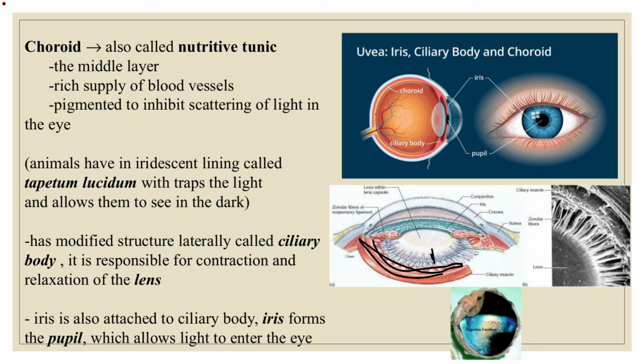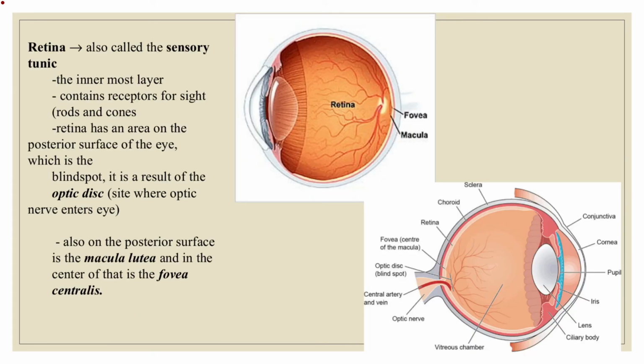And it has these tiny fibers called suspensory ligaments that extend to the lens. Okay, and then anterior to the lens is the iris, which is the colored part of the eye. And then the retina is this innermost layer. Here is that macula lutea with the fovea centralis. Same thing over here. We'll look at that in the lecture.